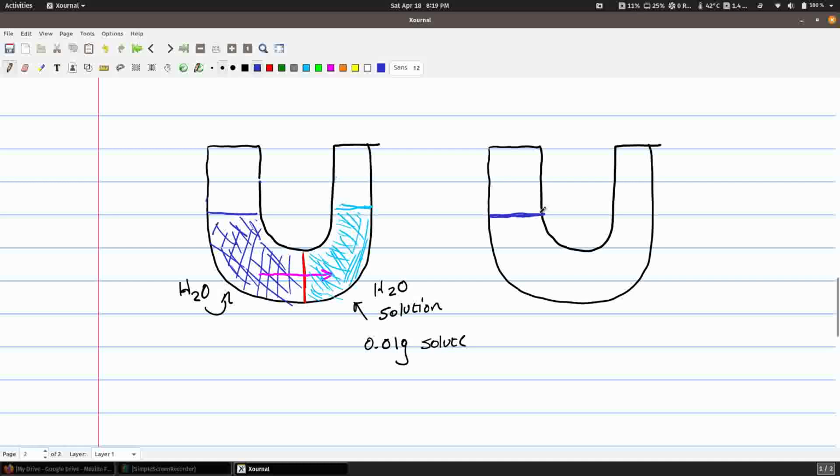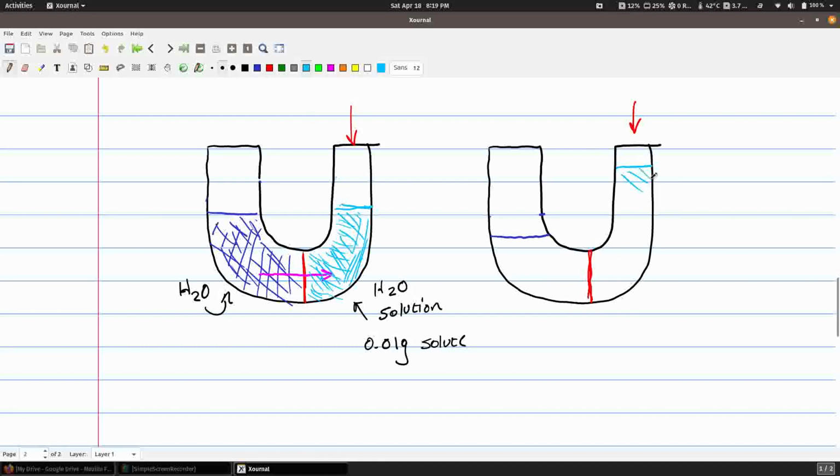Alright, so here, what happens is when you have osmosis, the left side is going to go down a little bit, and it's going to push this side up higher. All the while, you do have pressure pushing down on it from outside the container, and you still have your semi-permeable membrane.